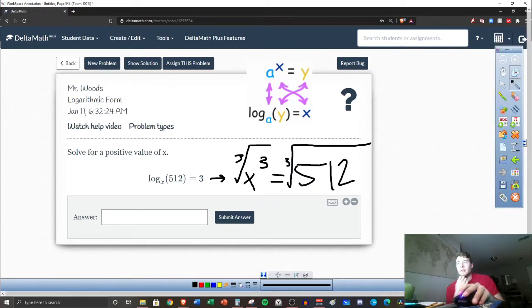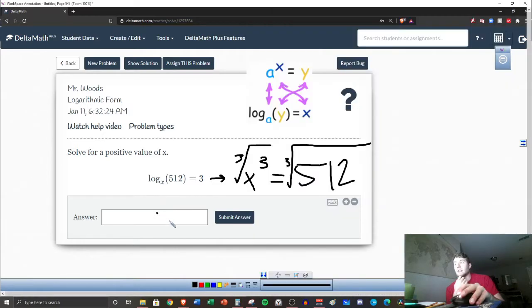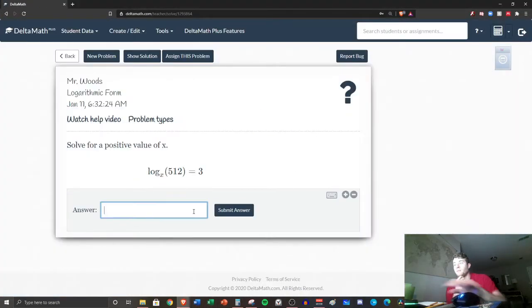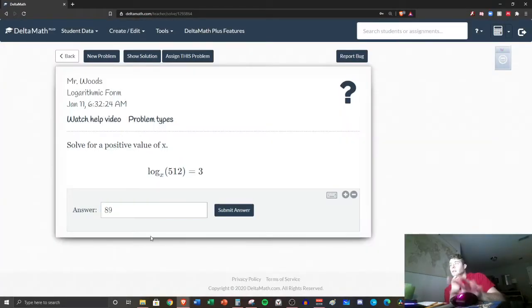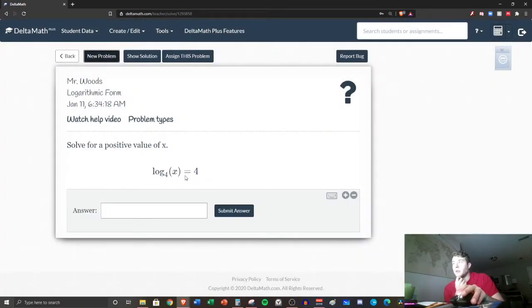So we need to do the cube root of 512, which we can see is 8. So that's x equals 8. Let's go ahead and try that. There we go.